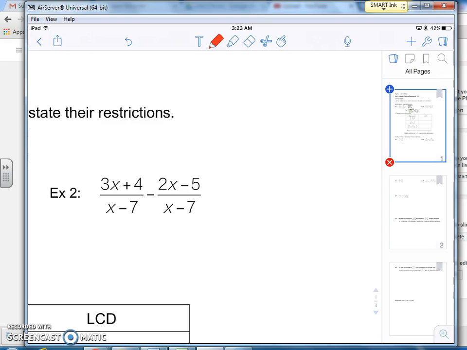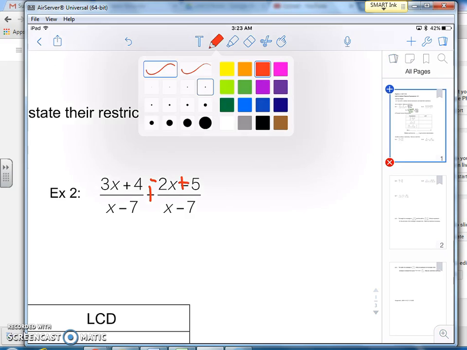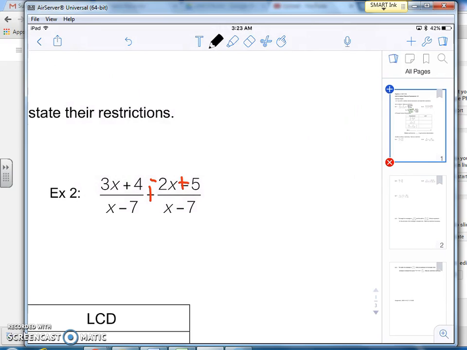So this minus becomes a plus, and I'm going to change the signs after it. Now when I add my numerators, I'm going to get 3x plus negative 2x and get x, 4 plus 5 and get 9, and my denominator stays the same, x minus 7. Nothing reduces, so that one is finished.